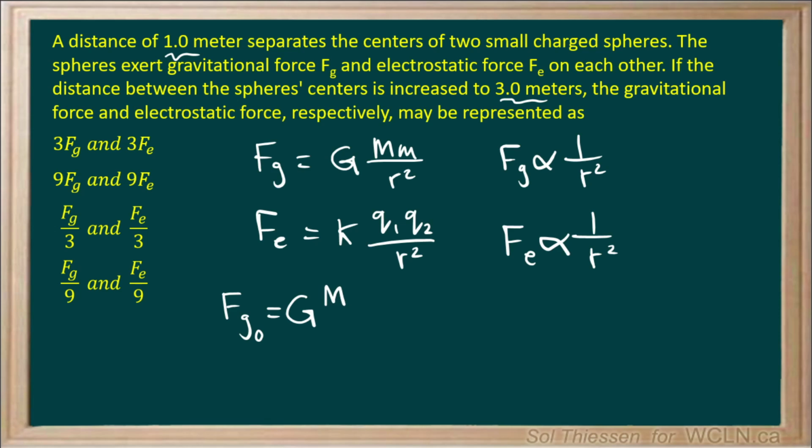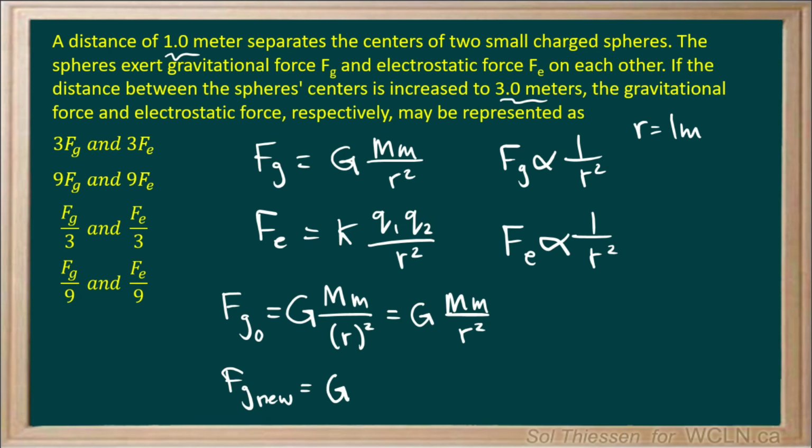That'll be G m m over the distance that we'll call r, where r is 1 meter. So the force of gravity initially will be G m m over r squared. Once we move the two objects to be 3 meters apart, we'll call this force of gravity nu.